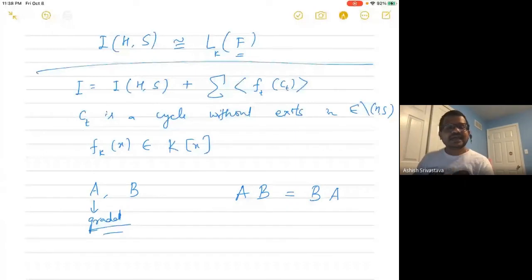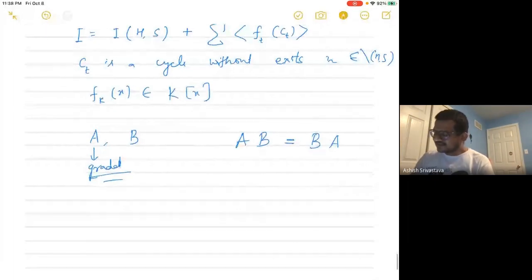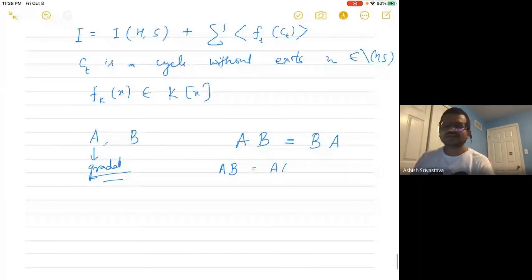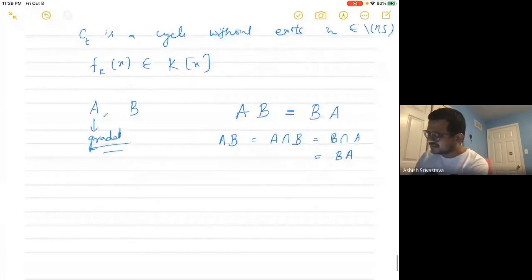The reason is that you can actually prove that AB is the same as A intersection B. Since A intersection B is the same as B intersection A, it's not surprising that AB equals BA.